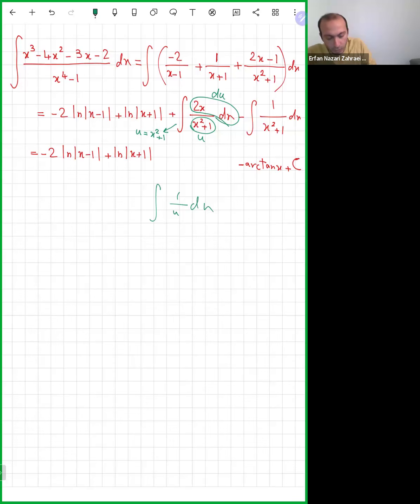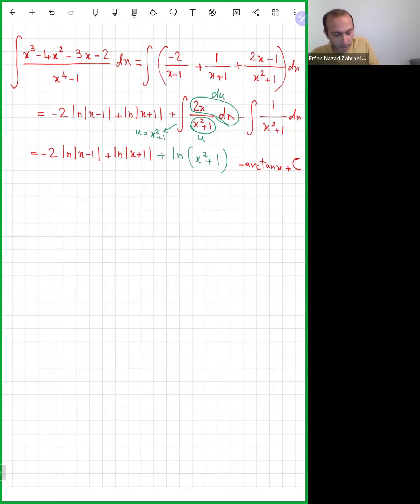Antiderivative of 1 over u is ln absolute value u, but u is x squared plus 1. So replacing x squared plus 1, I would get this. But x squared plus 1 is positive, so I don't need absolute value. And I get ln of x squared plus 1.